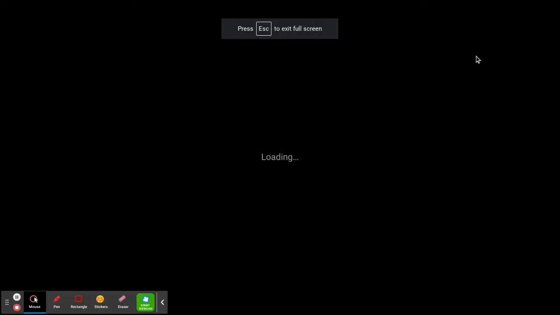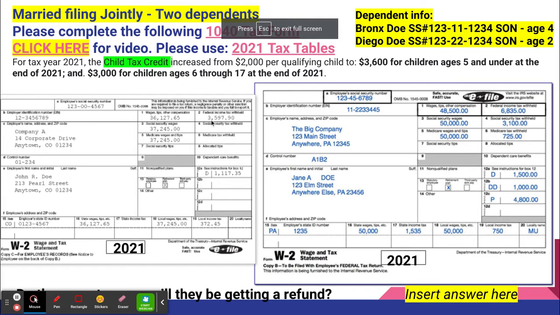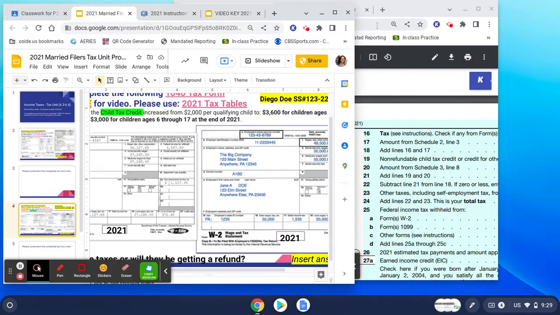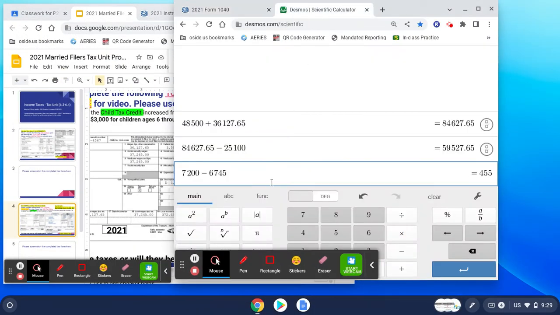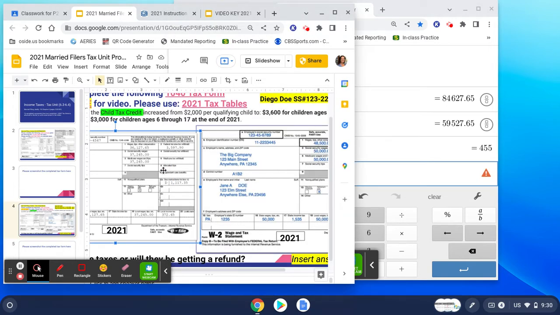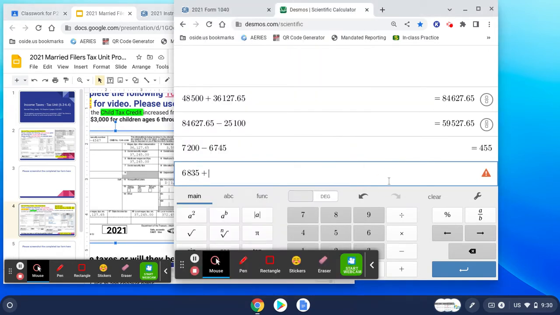So we're looking now at box 2 on both W-2s. $3,597.90 and $6,835. $6,835 plus $3,597.90.